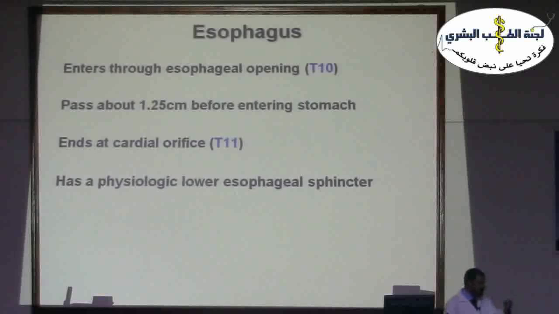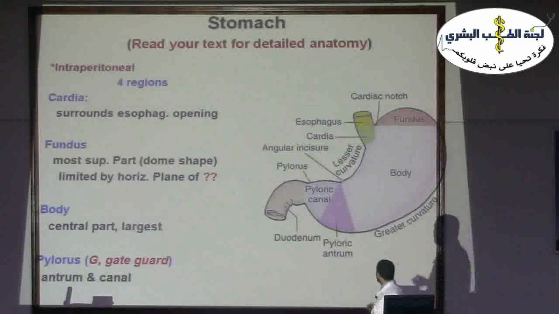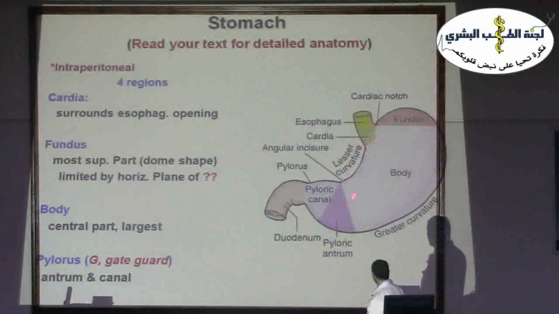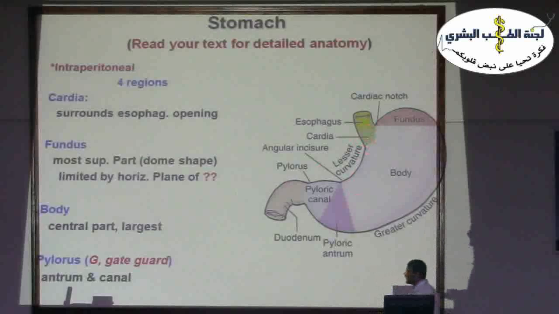This is the upper esophageal sphincter, and we need it to prevent regurgitation of food from esophagus into the pharynx and oral cavity. The same here, when the esophagus enters into the stomach, we need another sphincter to prevent the regurgitation or returning back of food from the stomach back into the esophagus. So there is a function of sphincter, but it's not built in.